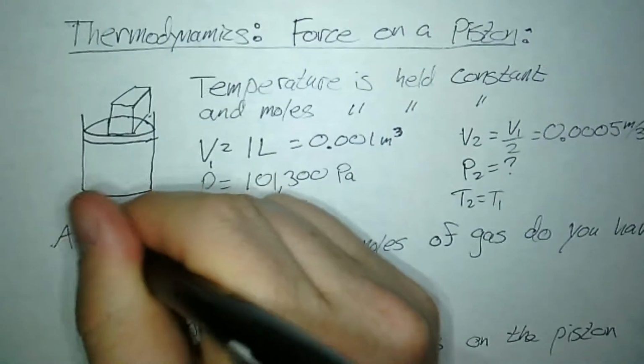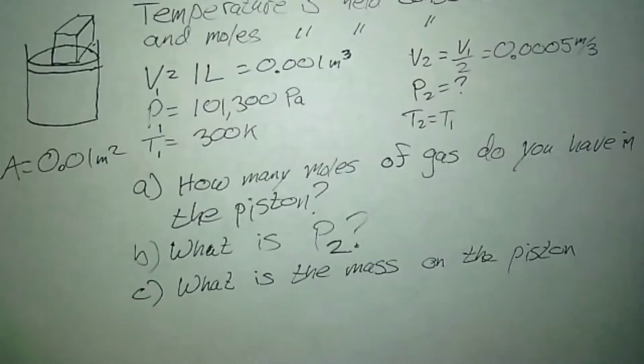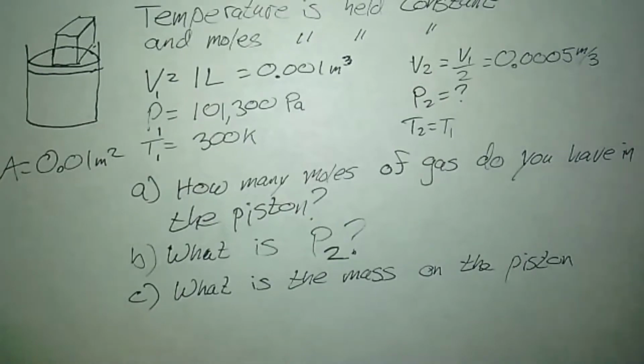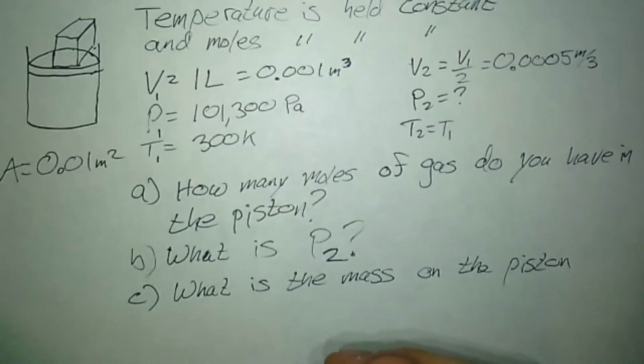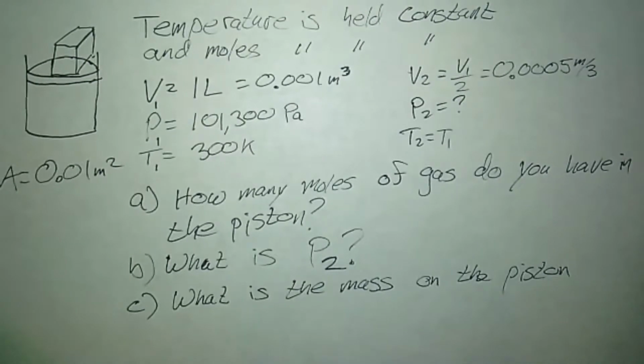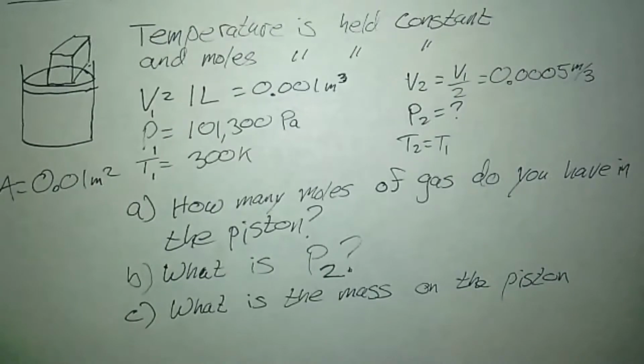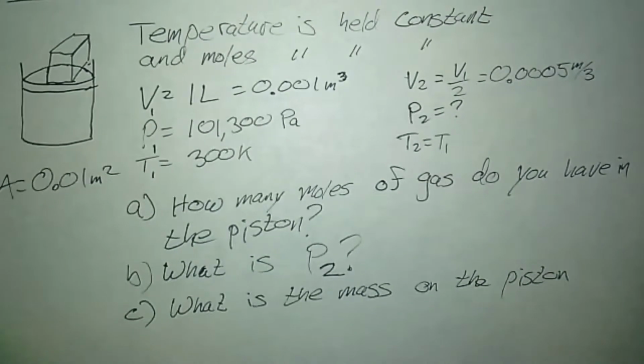So I'm going to say that is 0.01 meters squared. All right. So I think with that, we're ready to go. So if you want to solve this problem on your own, then you can pause the video here. And if you just want to see the solution, then keep watching because I'm going to do it.